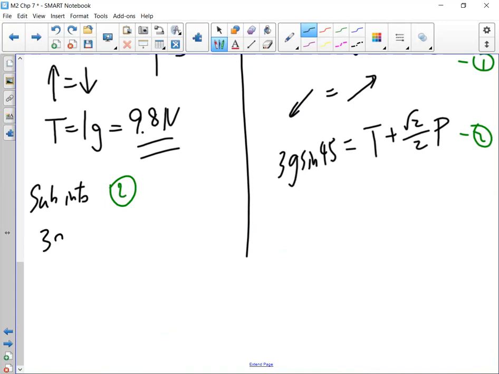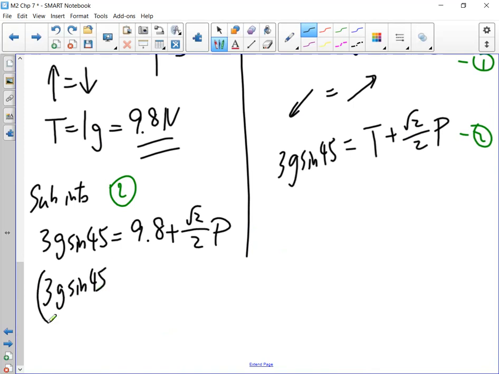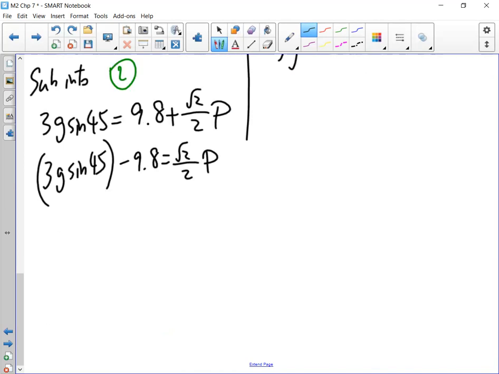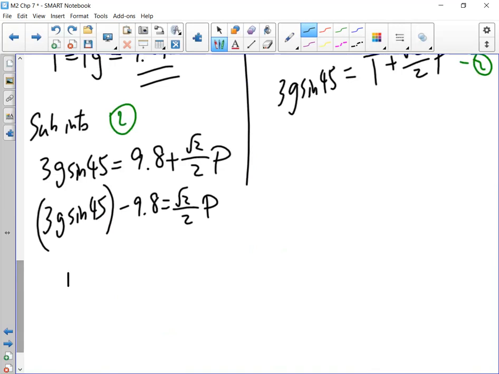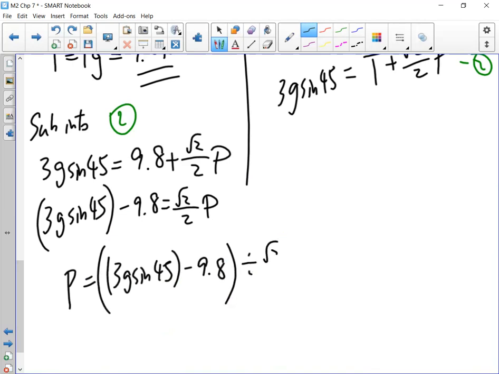So 3G sine 45 equals 9.8 plus root 2 over 2P. I'm going to make P the subject, so I'm going to move the 9.8 to the left-hand side, and I can divide by root 2 over 2 on the left-hand side. So P equals 3G sine 45 minus 9.8 as a whole big bracket, divided by root 2 over 2.